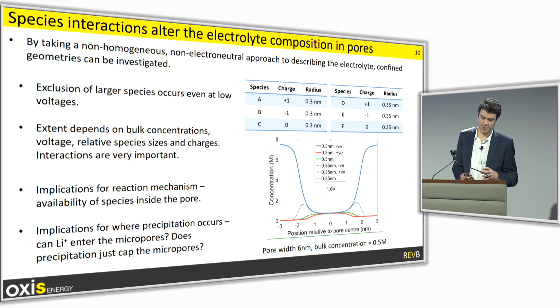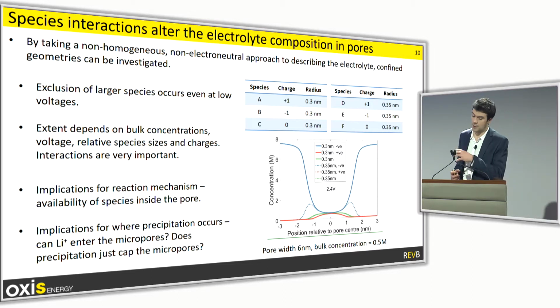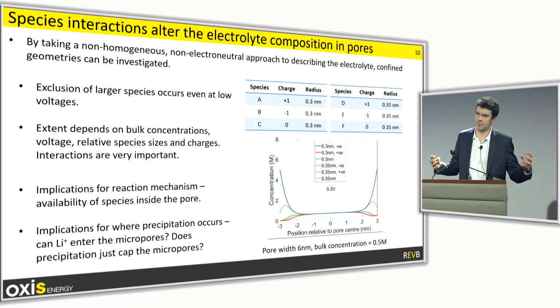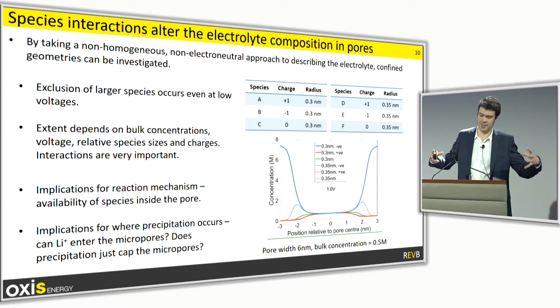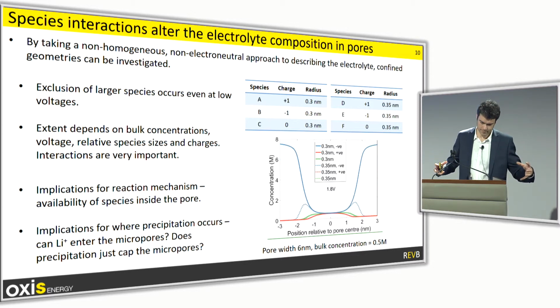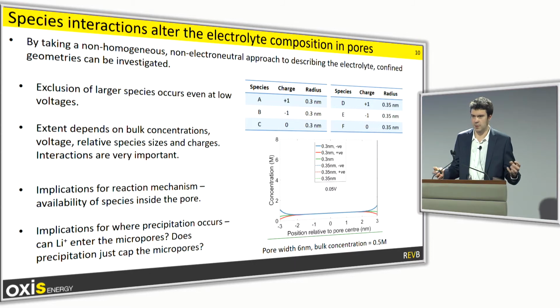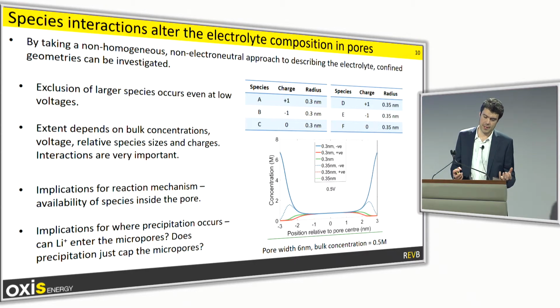The other implication relates to precipitation. So we saw that the cations get pushed out from the pore, which means they're likely to be hanging around at the ends of the pore. And then you've got all your low-order polysulfide species inside it.